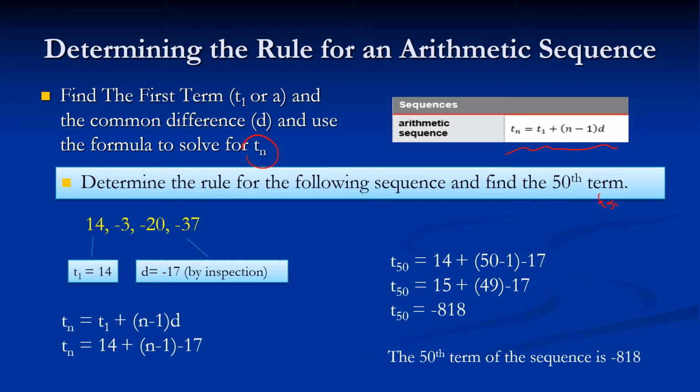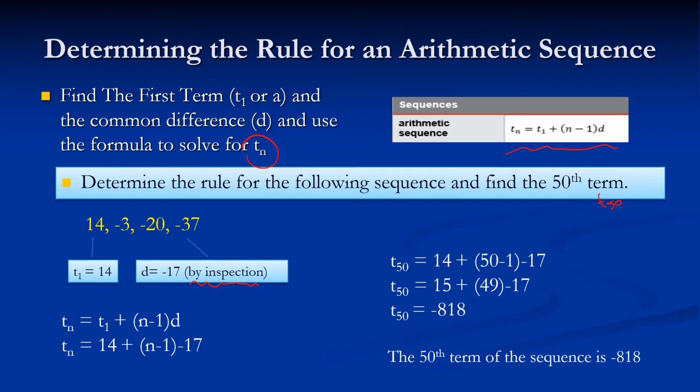So we're finding T50. So here's our sequence. We've got 14, negative 3, negative 20, negative 37. So the first term, T1, is 14. Now that common difference is negative 17. Now I did that just by inspection. That means by looking at it. I haven't verified it as I have done in the previous one, but that's okay to do for the moment.